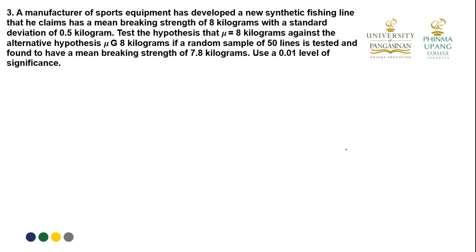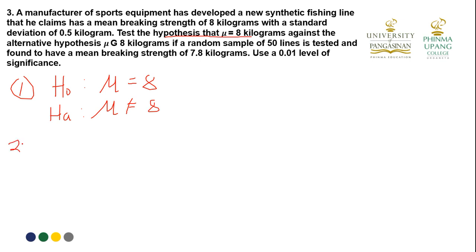So we have 0.01 as a level of significance. First, sinabi niya na doon yung hypothesis, yung null. So number 1, our H0 here, so the mu is equivalent to 8. And for our alternative hypothesis, mu is not equal to 8. And for number 2, what is the level of significance?